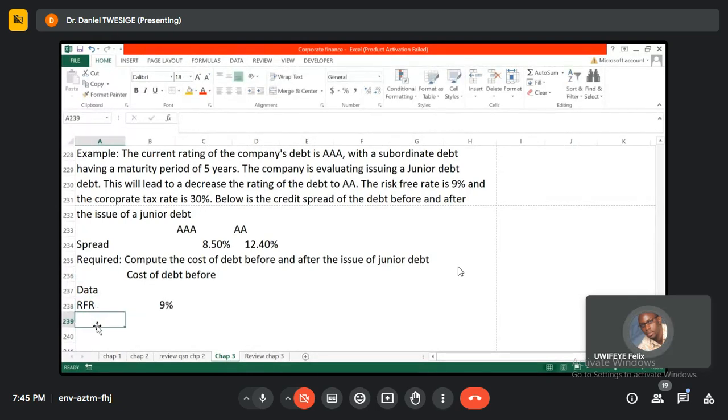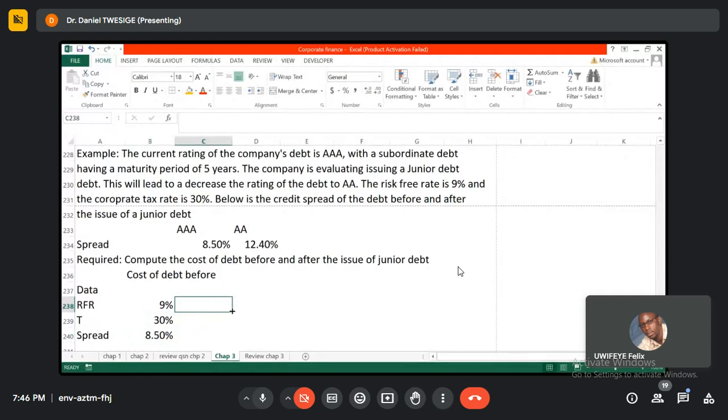I have a T, which is 30%, and I have a spread of 8.5%.